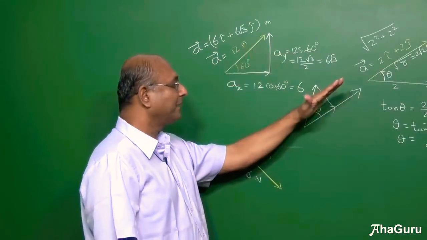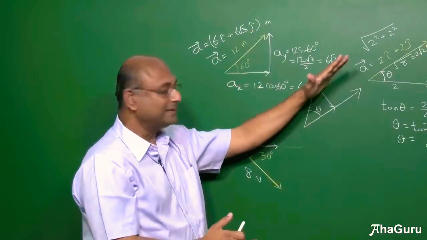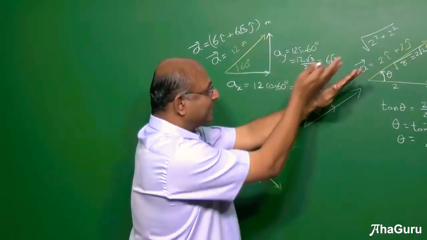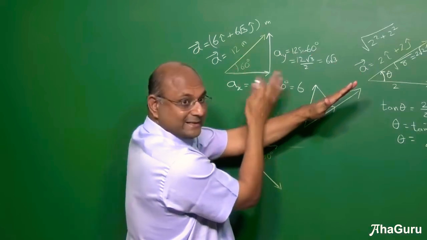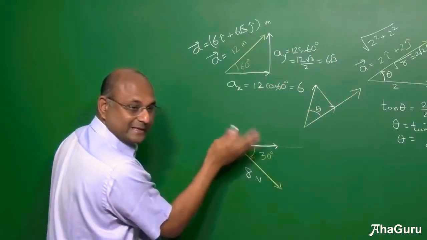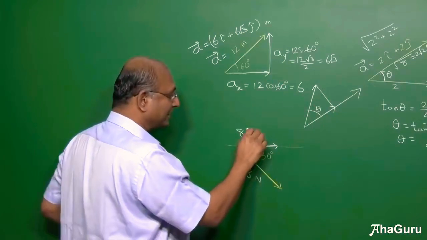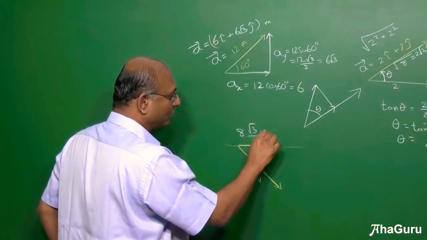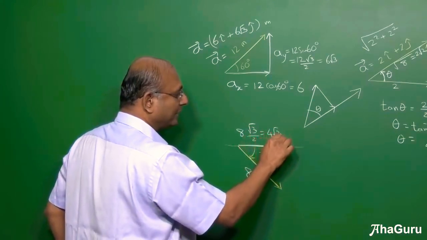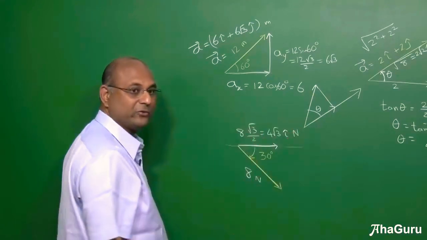But if I took the board and tilted it, the x-axis will be in this direction, right? So if the x-axis points like this, you are making an angle of 30 degrees with the x-axis. So what is this? 8 cos 30. Cos 30 is root 3 by 2. So this is 4 root 3 newtons, in the i cap direction, units newtons.